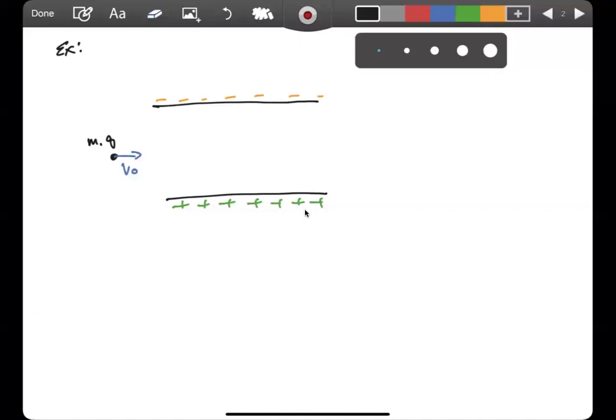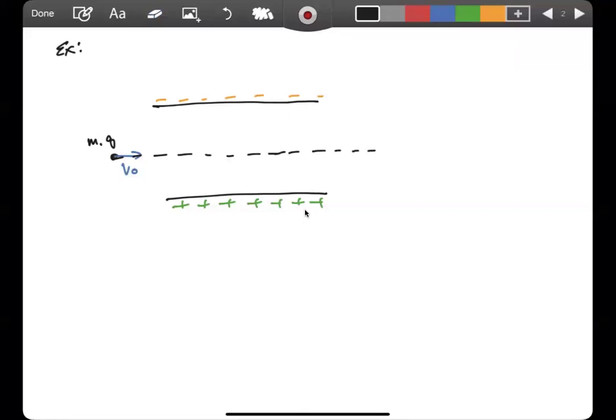Okay. Now, when this particle moves in, what's going to happen? It's going to feel a force, right? We can see that because if I move my charge here, at this point in time, we know we're going to have an electric field inside the plates, or inside these sheets. My electric field is going to point from the positive charge to the negative charge.